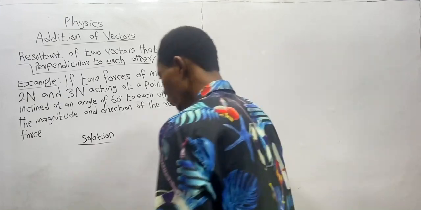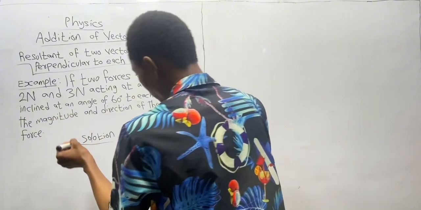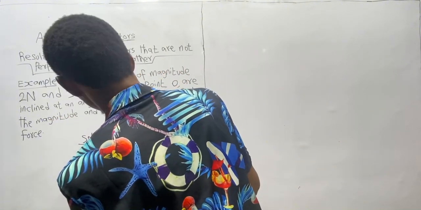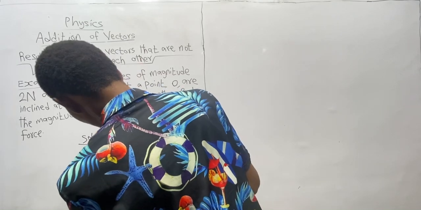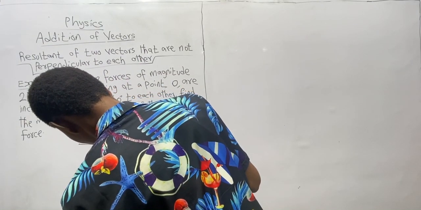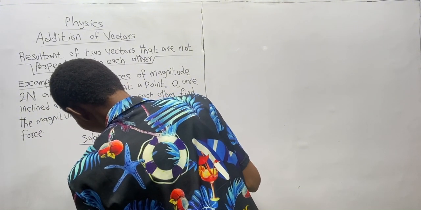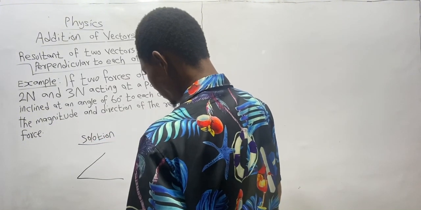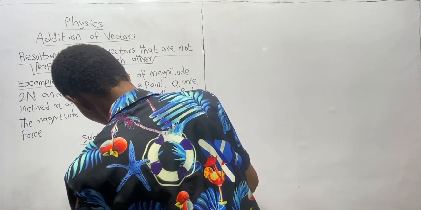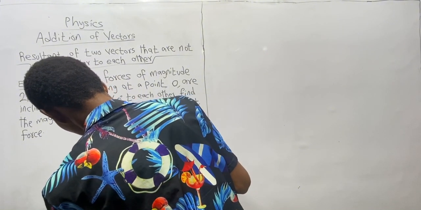So the first thing you should do is to draw the two vectors and how they incline to each other. So if you have something like this, you draw a horizontal line making an angle with a slant line. So we can assume that this slant line is the 2 Newton force.